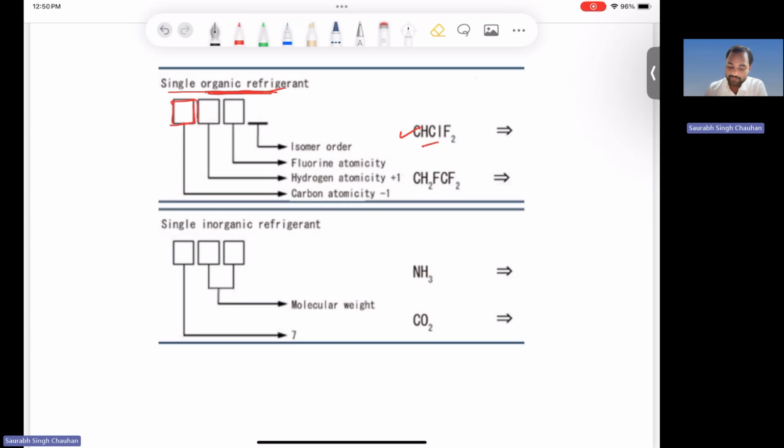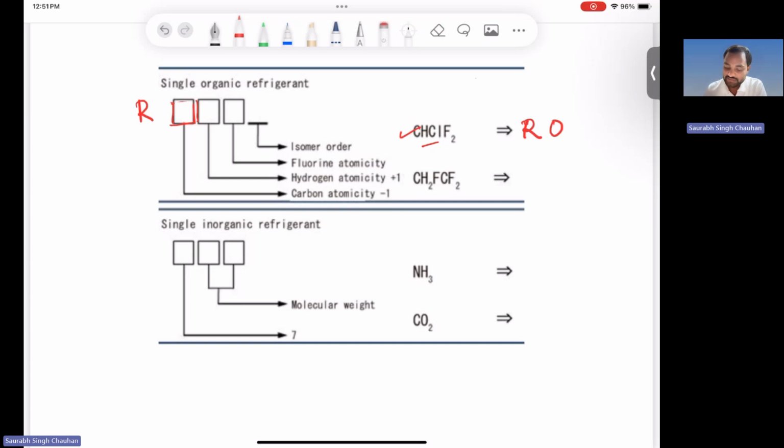And one more thing: for a single organic refrigerant, you have to put an R first. So R represents that you have a single organic refrigerant. Then the number of carbon atoms: 1 carbon atom, so 1 minus 1, 0.